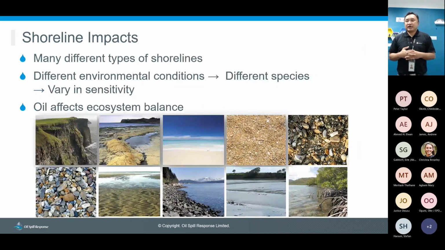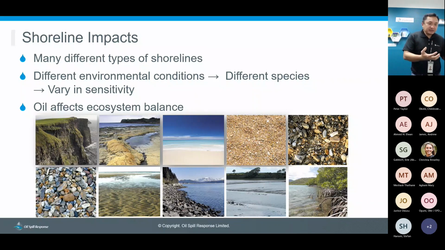Shoreline impacts, as I have mentioned before: oil would have a different effect on different types of shorelines. For example, comparing a sandy shoreline to a mangrove, definitely the impact on the mangrove would be much greater. As you know, there are different types of shoreline.